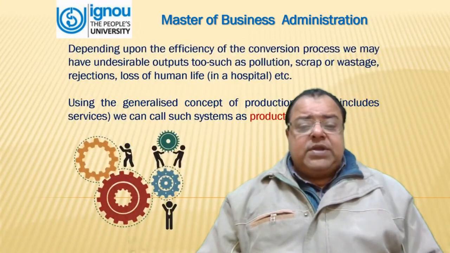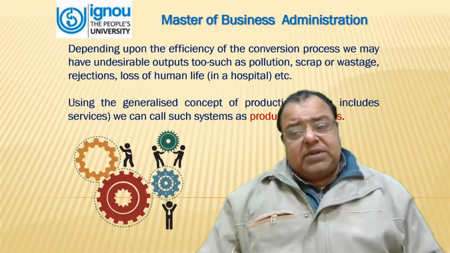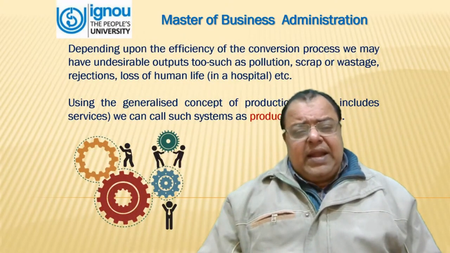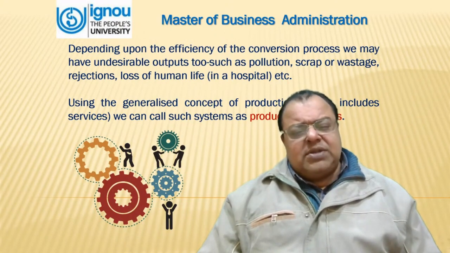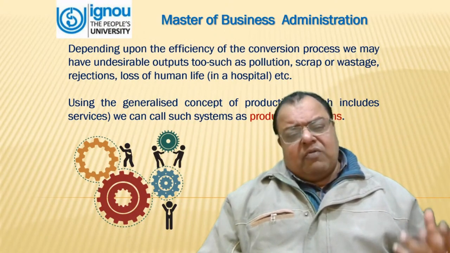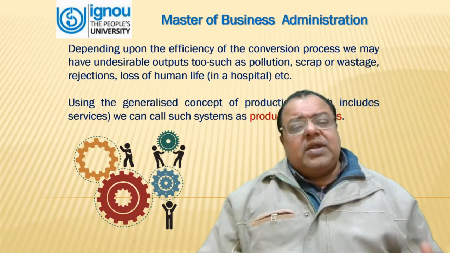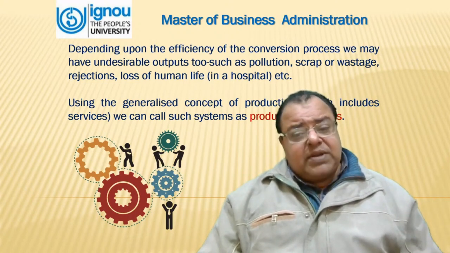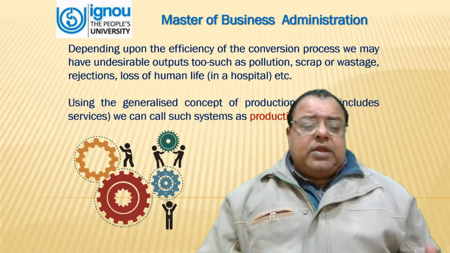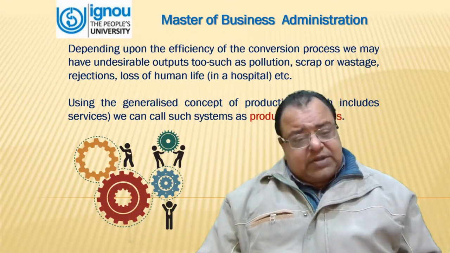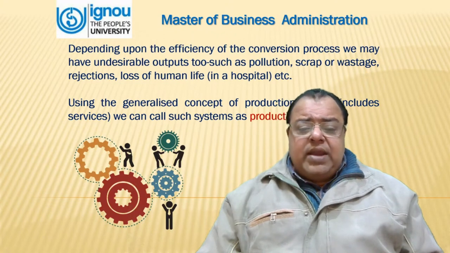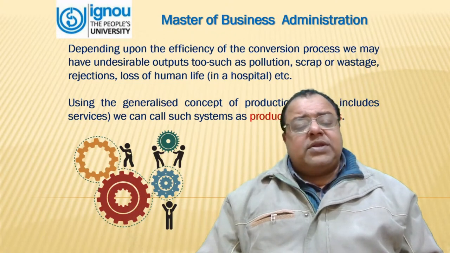Depending upon the efficiency of the conversion process, we may have undesirable outputs too, such as pollution, scrap or wastage, rejections, loss of human life in a hospital, etc. Using the generalized concept of production, which includes services, we can call such systems production systems.